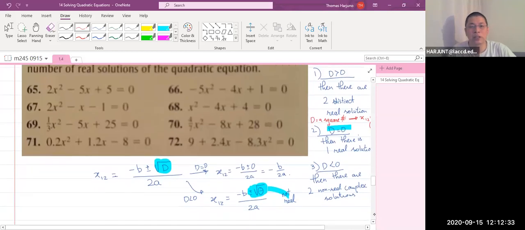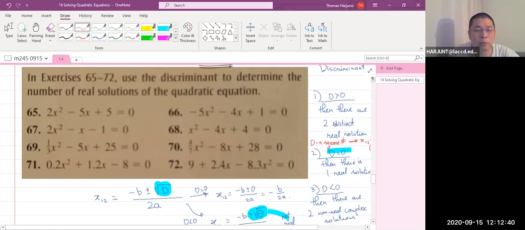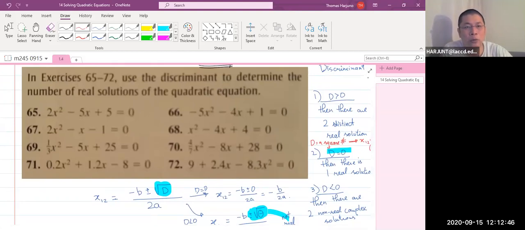Now we will use this analysis to answer 1 or 2 questions from here. Number 65 to 72. Use the discriminant to determine the number of real solutions of the quadratic equation. Let's say, for example, I pick a hard one right away, number 70.